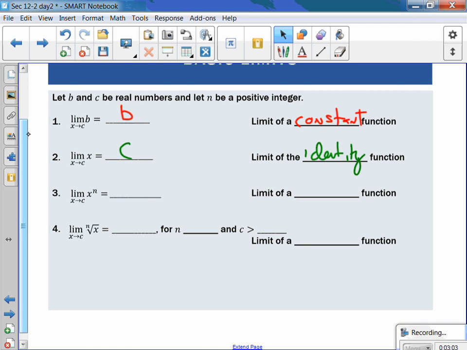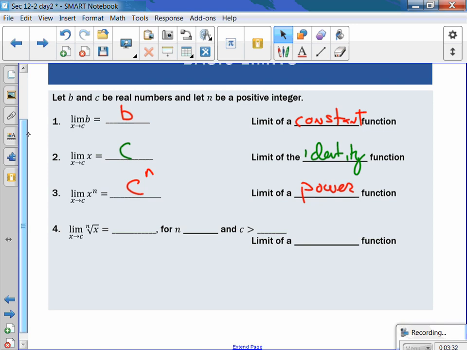What about the limit of x to the nth power, where x is approaching c? c to the n. That is the limit of a power function. And finally, the limit of the nth root of x as x approaches c.